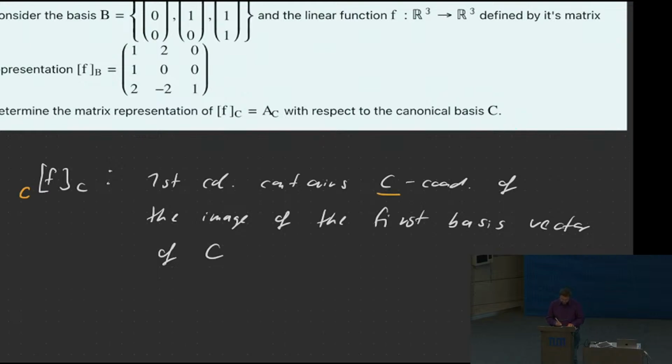So this here determines which coordinates I want in that matrix, and which vector I take as the input, first basis vector of C in this case, that is determined by this right coordinate system, right? If they are different. If they're the same, then of course it's both the same, but they might also be different, and that rule will still work.